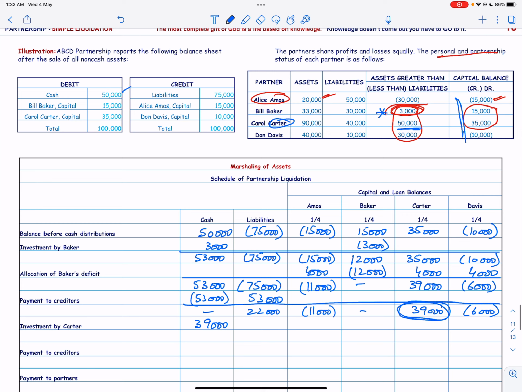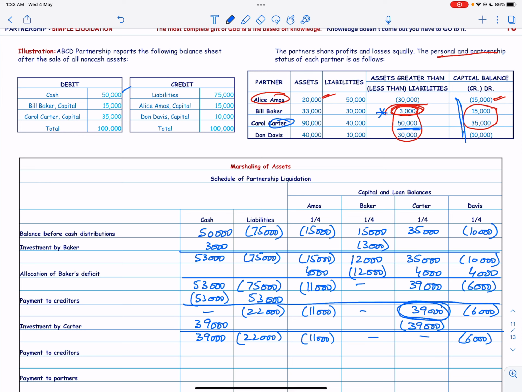We still have a liability of 22,000. So we have a total of 39,000, 22,000 of the liabilities, 11,000, 0, and this becomes 6,000.